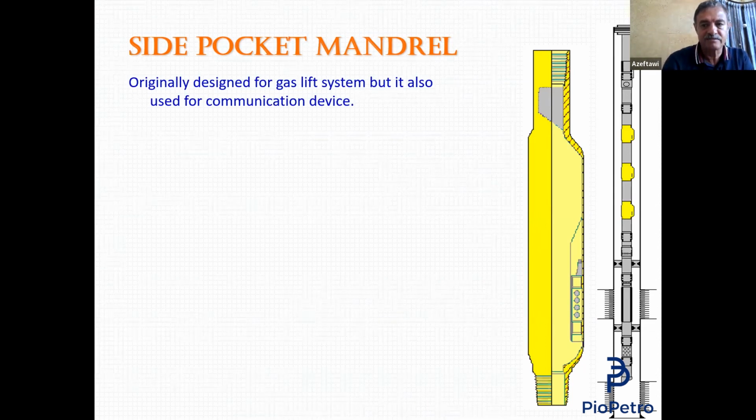So the gas that you inject into the tubing lifts the fluid column in the tubing to produce from that well. This is the purpose of the gas lift valve and the side pocket mandrel.